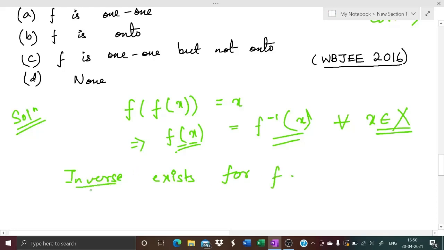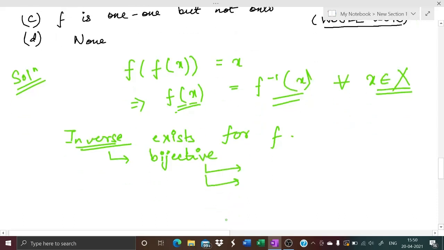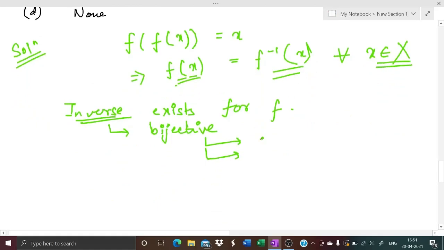Now since inverse is existing, that means your function is bijective, otherwise your inverse cannot exist. And since your function is bijective, that means your function is both surjective and injective, which is onto and one-one, isn't it?